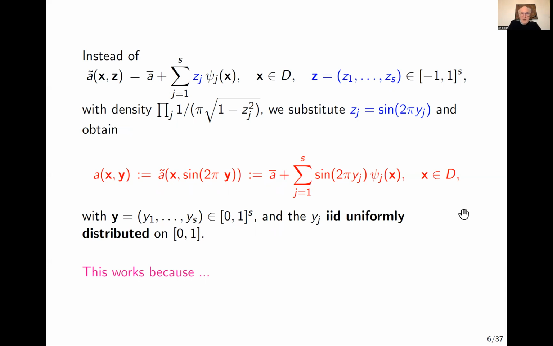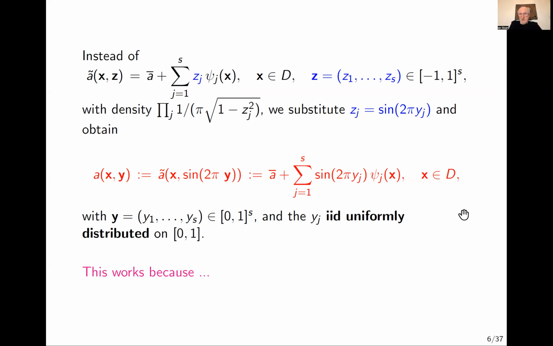And so our permeability function, or diffusivity, is now instead of a tilde x, z, now a(x, y), and each component of y comes from z_j = sin(2π y_j).